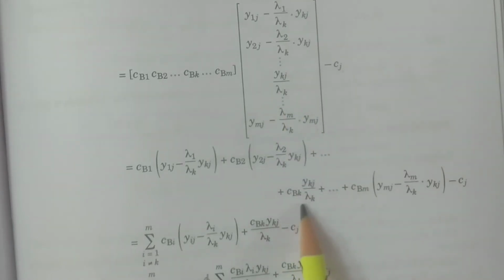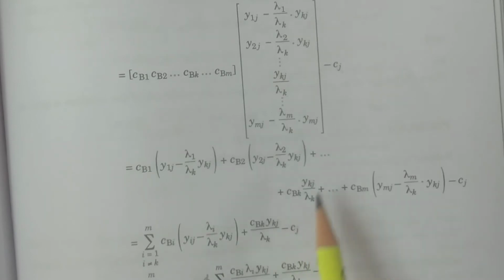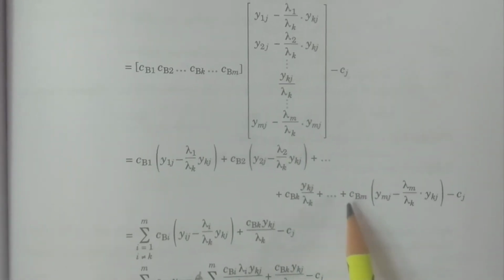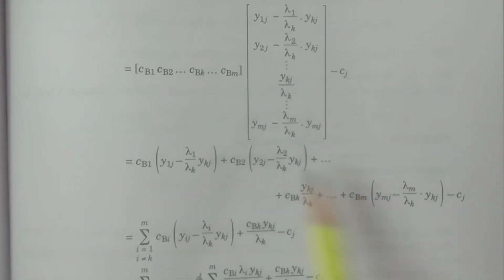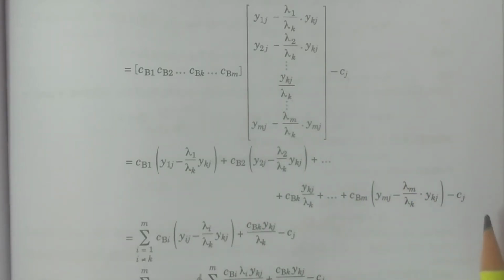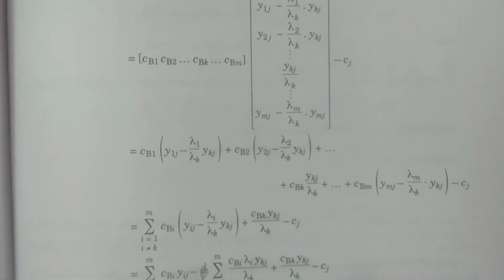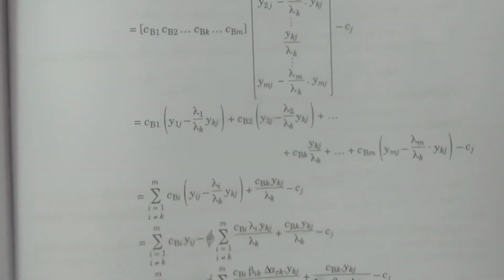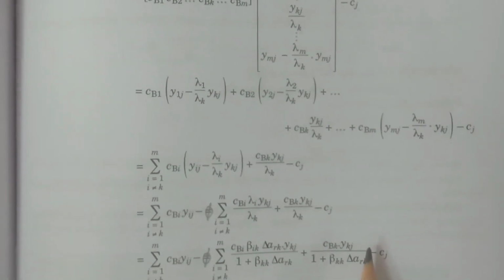This is the only different one. Plus, and so on, plus cbm multiplied by ymj minus lambda m by lambda k into ykj, and the last one, minus cj, the cost. So we now have to multiply and get it in a particular form.